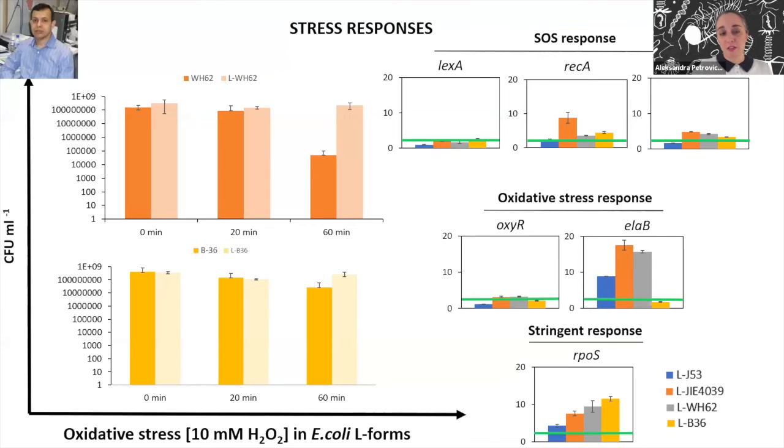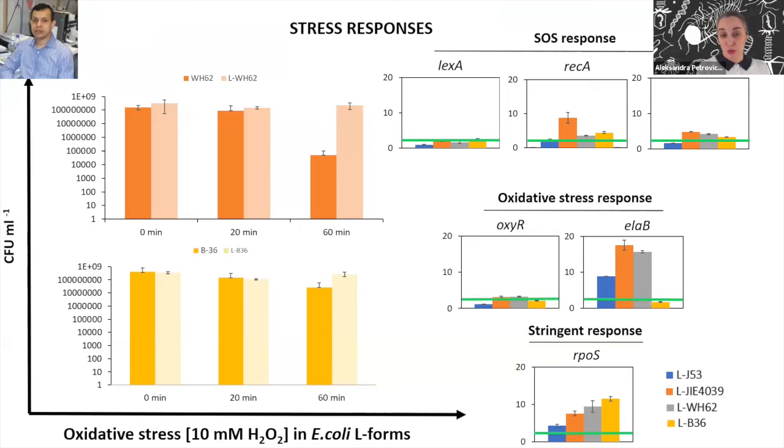We also tested survival rates of meropenem-induced L-forms under oxidative stress and showed that they are significantly higher than in their faster growing cell wall bacteria. This relatively high tolerance to oxidative stress may result from a priming effect of reactive oxygen species which are generated during this cell wall to L-form transition.